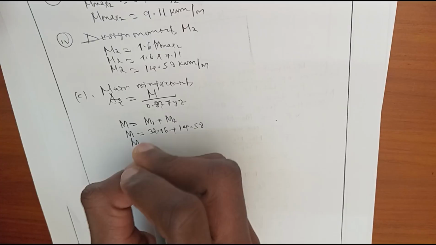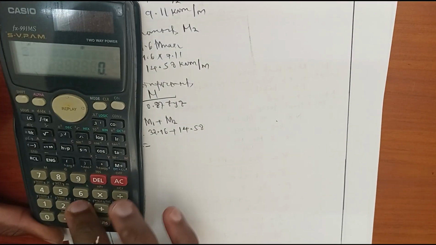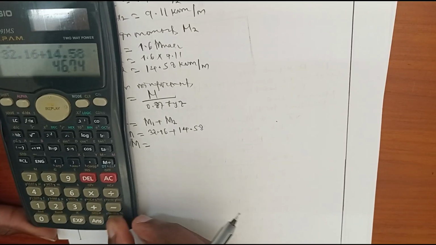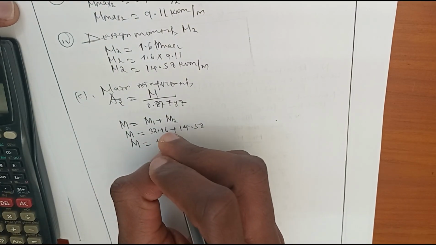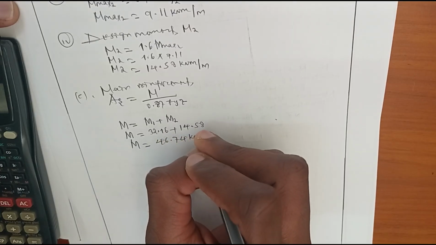So the total design moment will be equal to 32.16 plus 14.58. It will be equal to 46.74. This is kilonewton meter per meter.